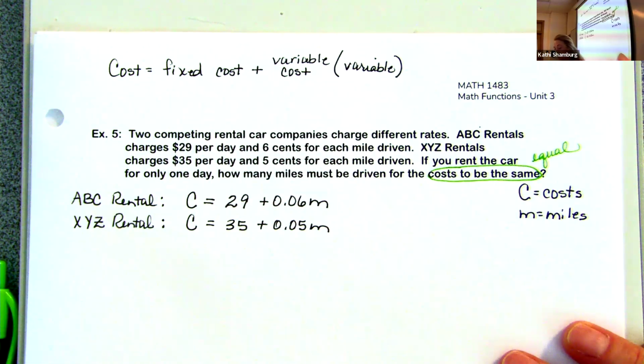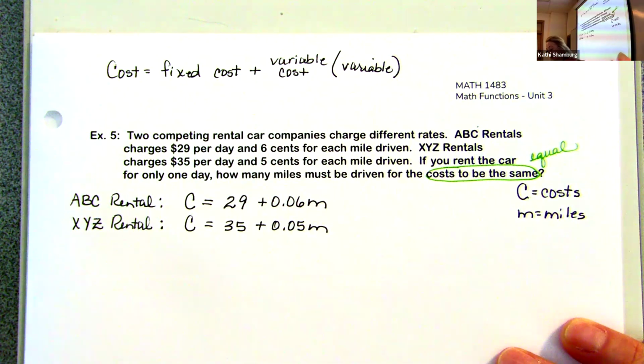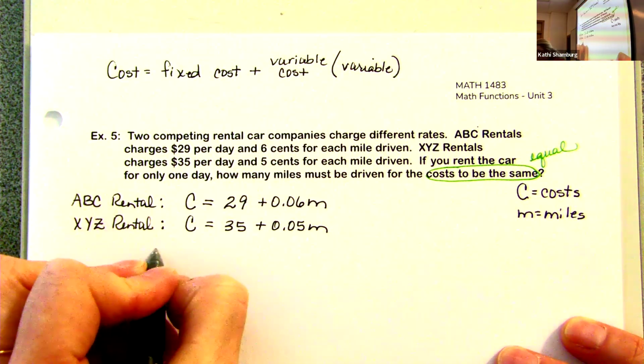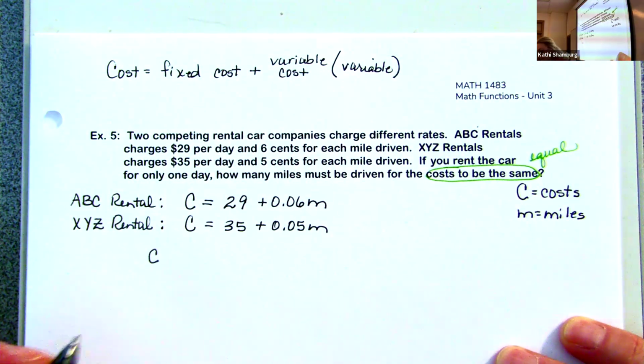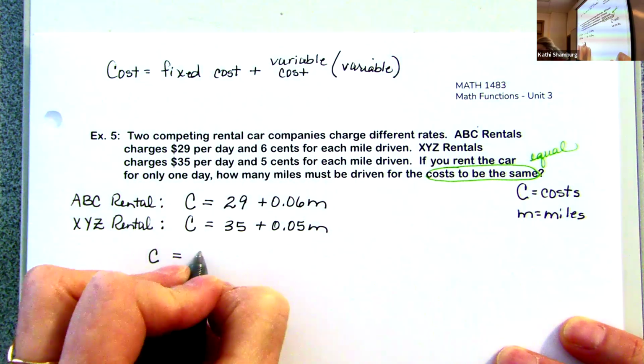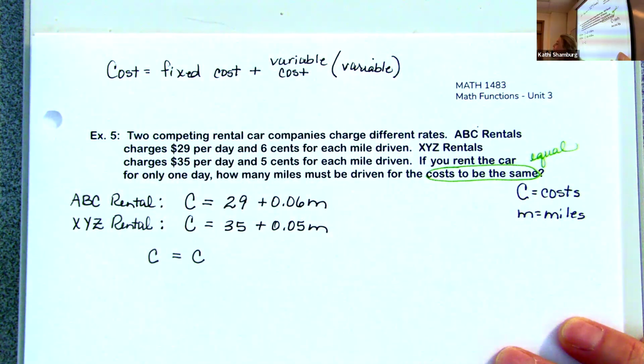So what they're saying is we want to look at this when the cost from the ABC rental is the same as the cost from the XYZ.